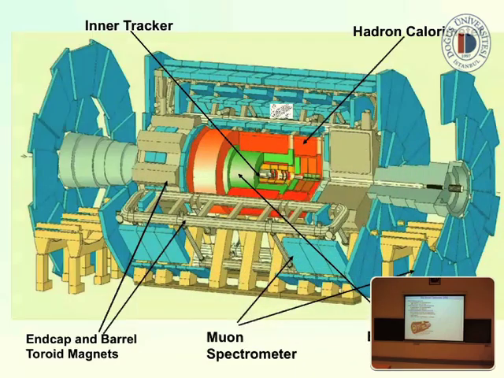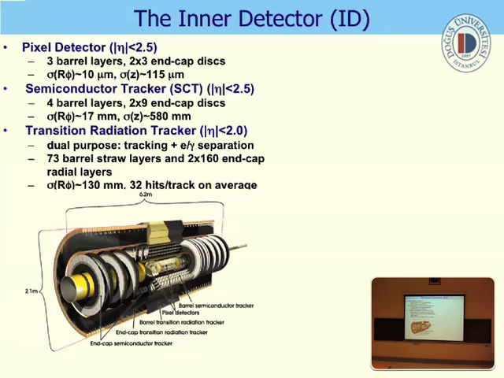Okay, and then I would like to show you several details, which are not very important, related to the inner detector. We use 3 different technologies: the pixel detector, semiconductor tracker, and transition radiation tracker. And by the way, the pseudorapidity, let me show you.